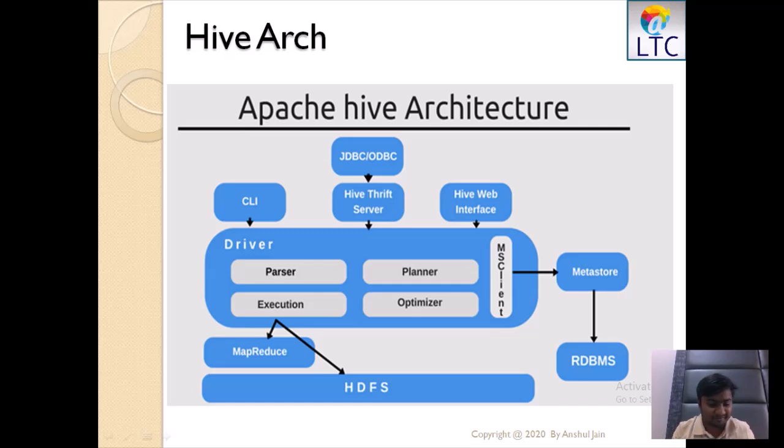For example, Hive will store all my table information in a metastore, and my metastore is pointing to some RDBMS, for example MySQL or Postgres or something else. By default, it is Derby. And my actual real data rows will be stored on HDFS or S3 in a distributed environment.